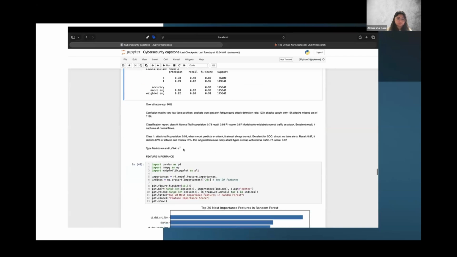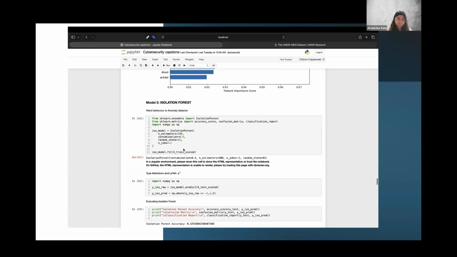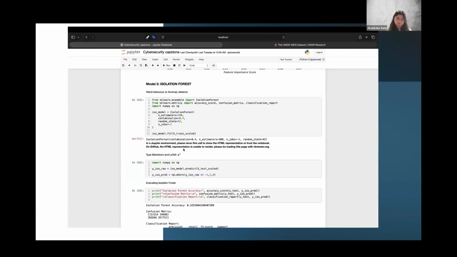So moving on, we also trained another model, the isolation forest. The previous model, random forest, can only detect what it has seen before. But to catch the zero-day exploits, I used this model, the isolation forest.